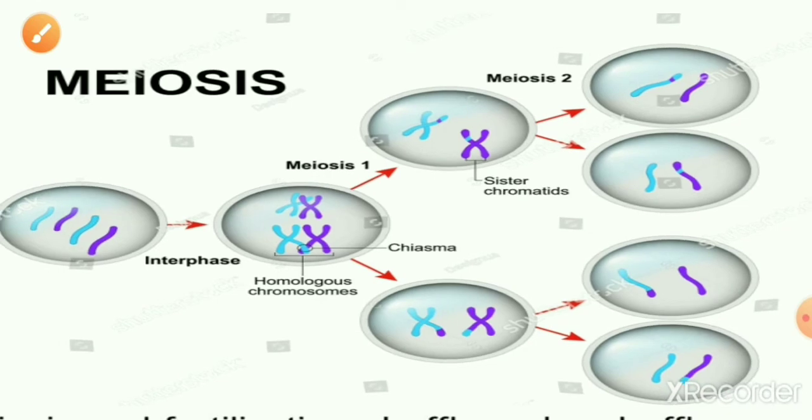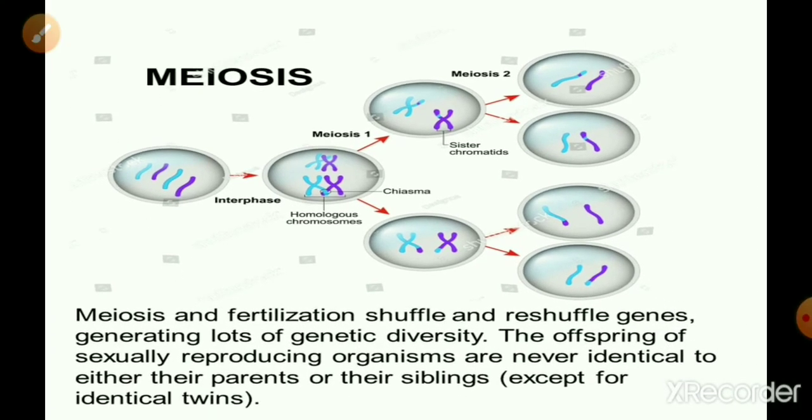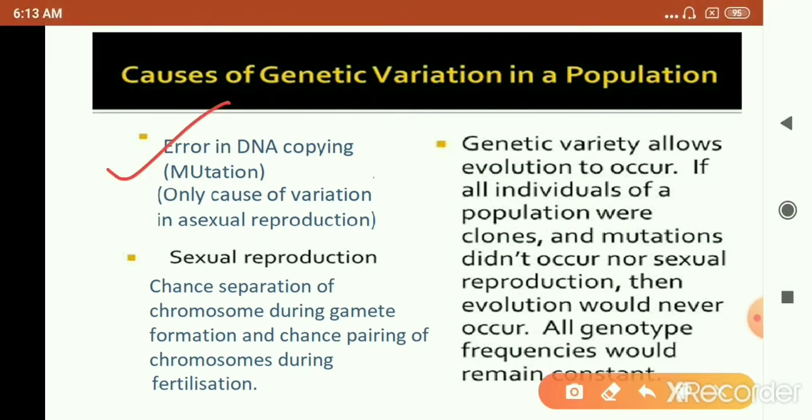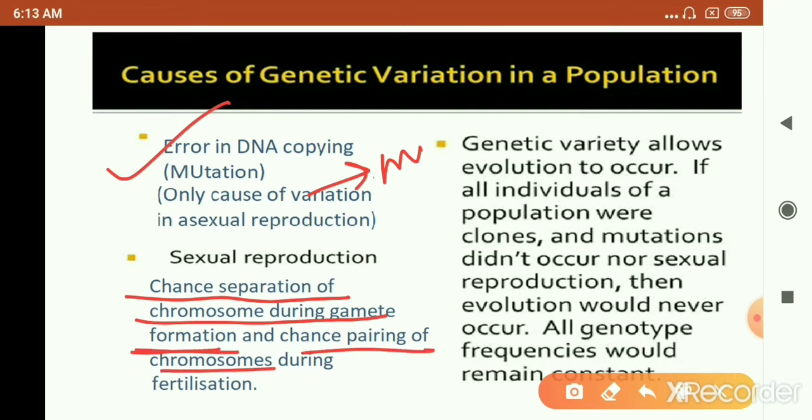This is another reason. So the reasons for more variation in sexual reproduction: one is error in DNA copying, because DNA is being copied and passed to the next generation through the gametes. But this will result only in minor variation. More variations are because of chance separation of chromosomes during gamete formation, and chance pairing of chromosomes during fertilization, because when fertilization occurs, a huge number of gametes are produced, so any gamete with any combination can fuse with the other.